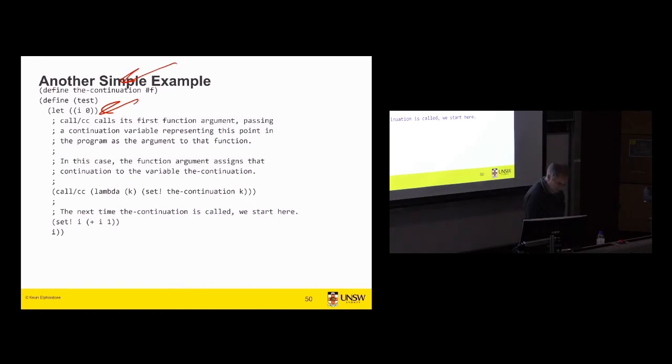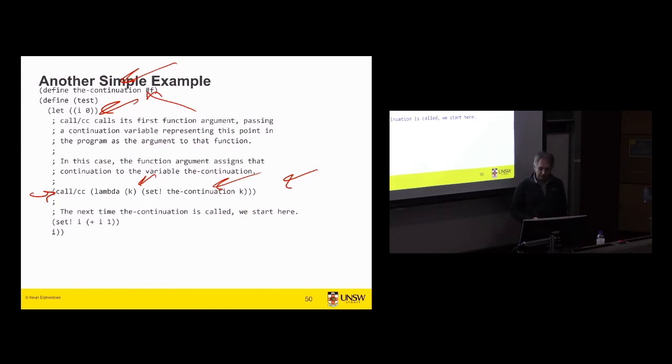And then we call with continuation, which sets this point here as the continuation, and our lambda function, which effectively is going to receive the continuation as an argument, saves the continuation into the continuation variable.